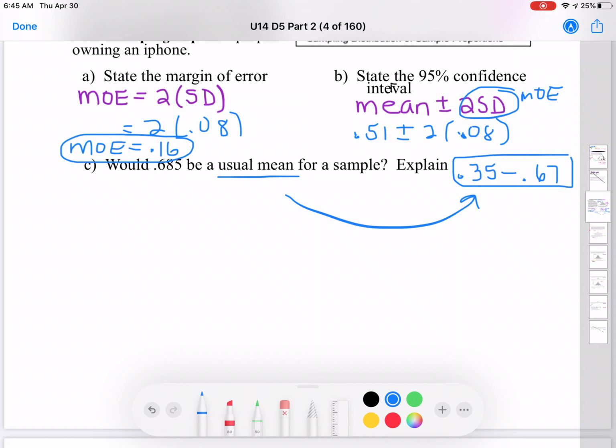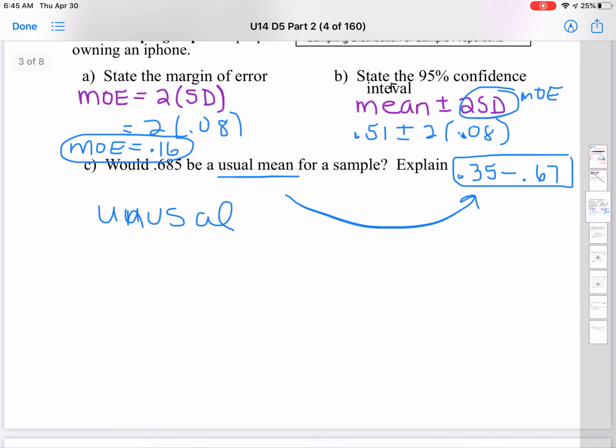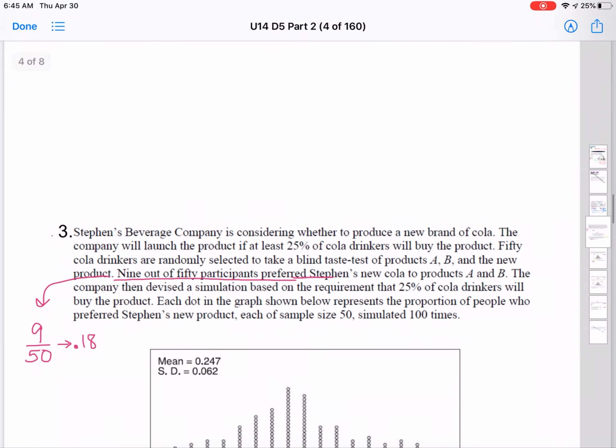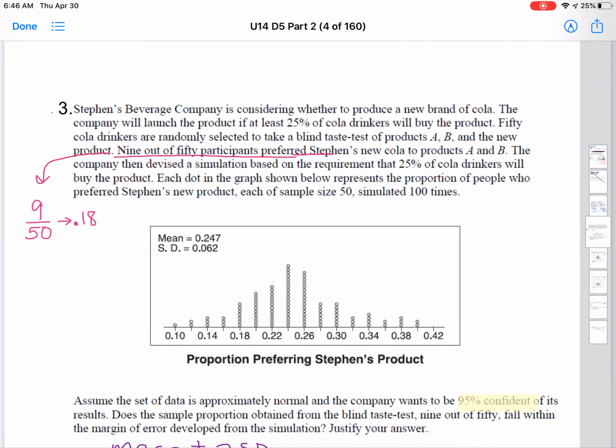So we have 0.685. So this one falls on the outskirts, right? So this guy would be unusual, because it doesn't fall inside there. Okay, and you could just write that. Okay, number 3.